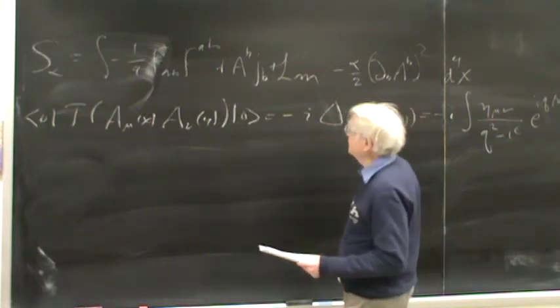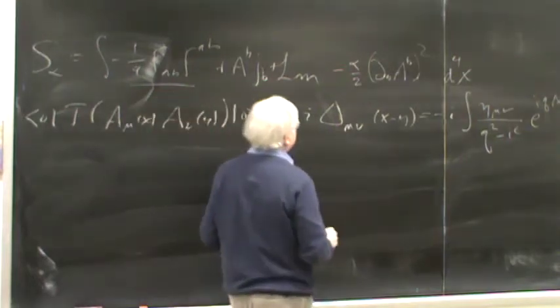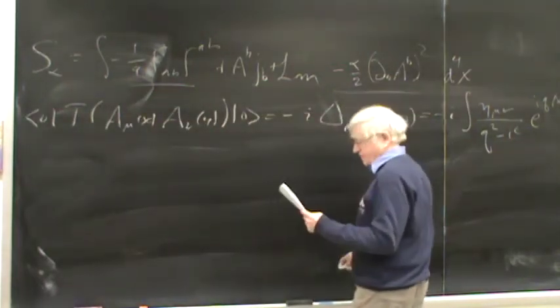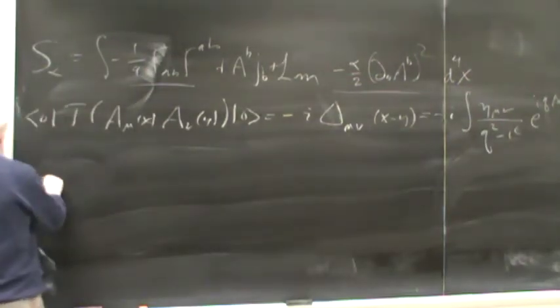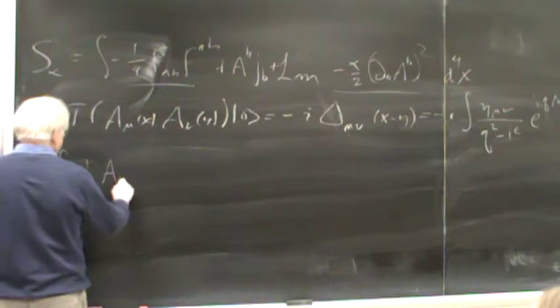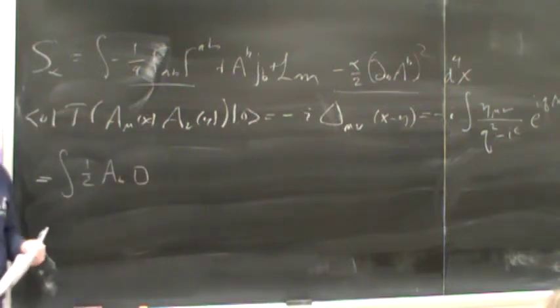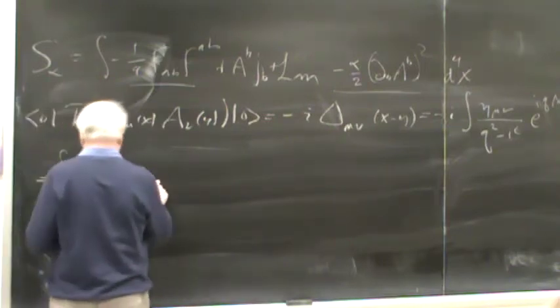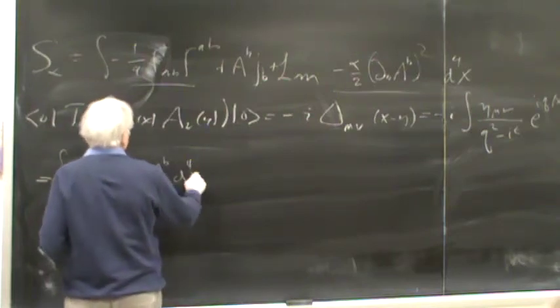The point is, if you combine this term with that term, so combine the two, what do you get? What you get is an integral of AB, the D'Alembert, the four-dimensional Laplacian box, in other words, AB d4x.